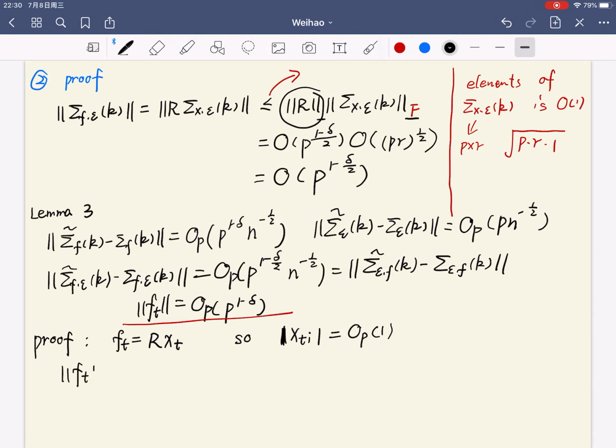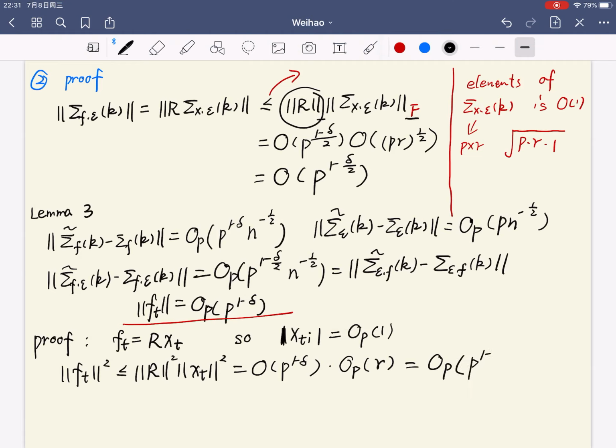Consequently, because R here is a fixed constant, we have shown the last rate. Let's continue.